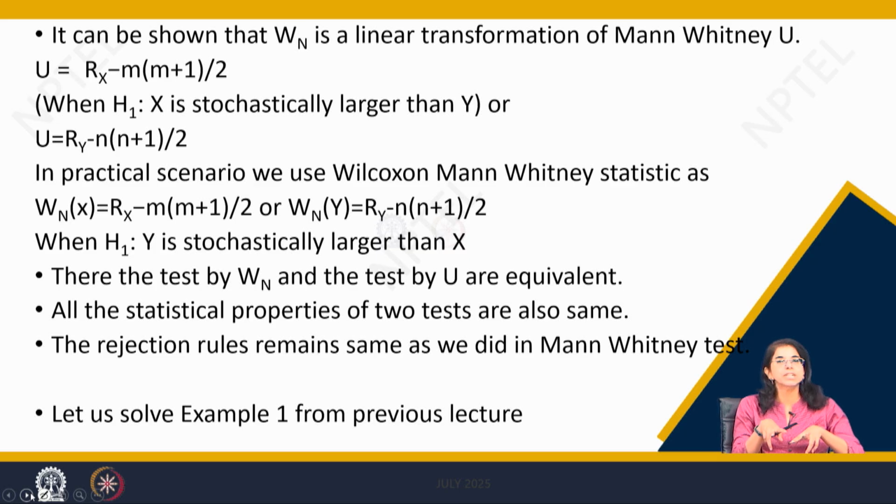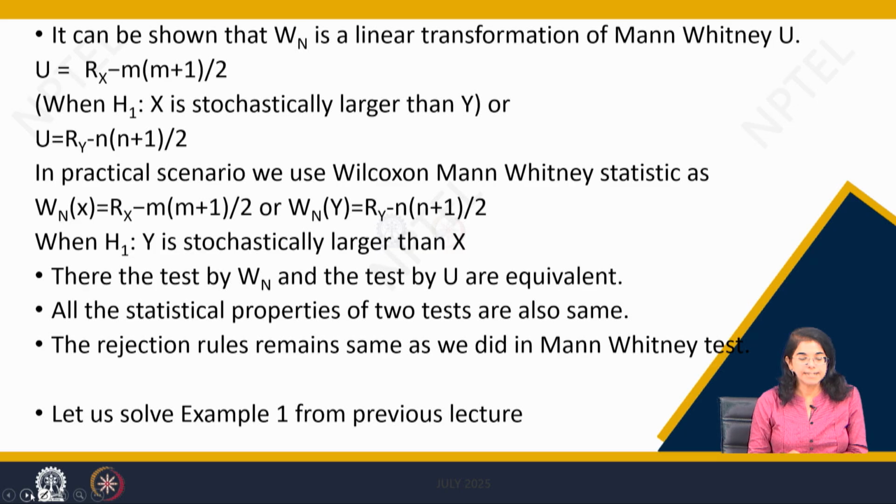So, there are two versions of Wn. One is from the rank sum of X observations and another is from the rank sum of Y observations. It can be shown that this Wn is a linear transformation of the Mann-Whitney U-test. Just a linear relationship they are holding for each other.